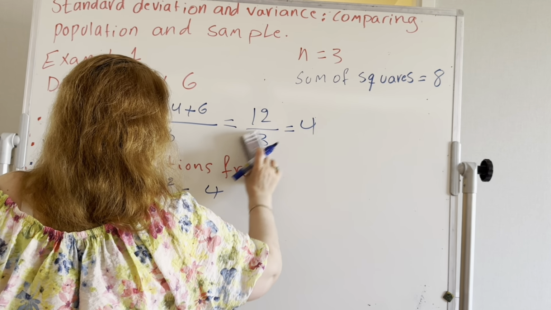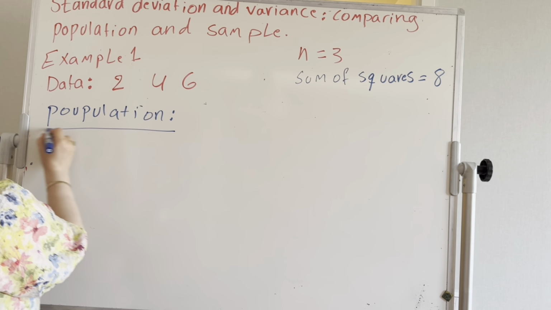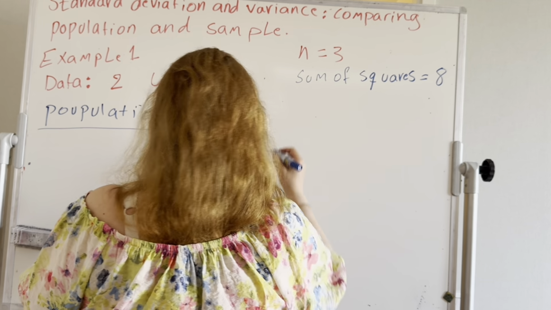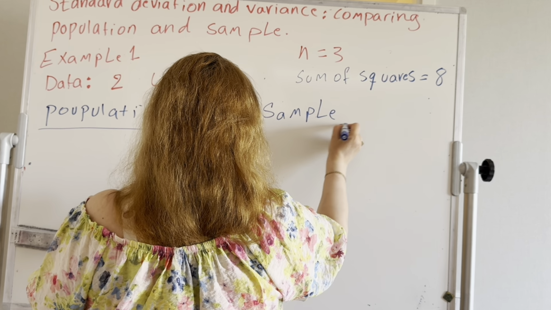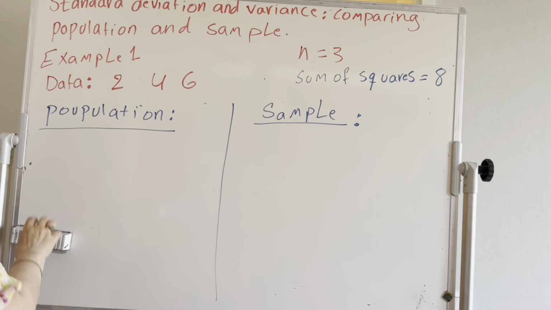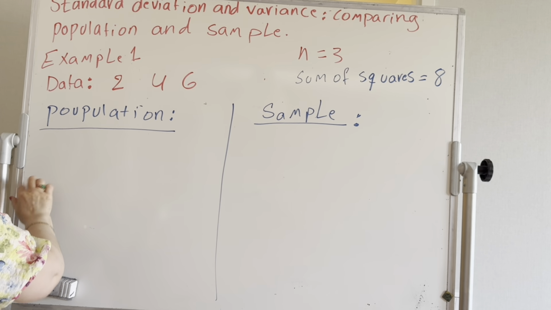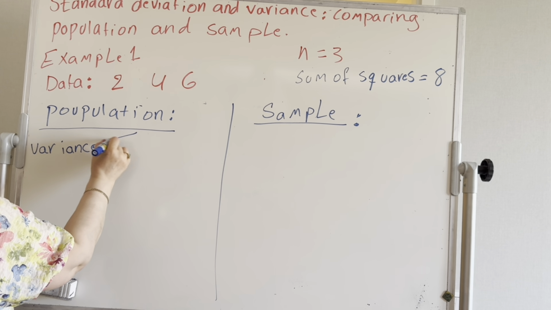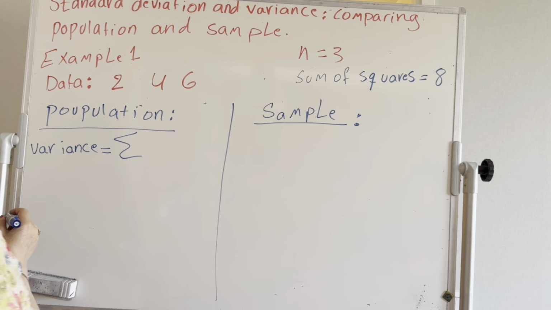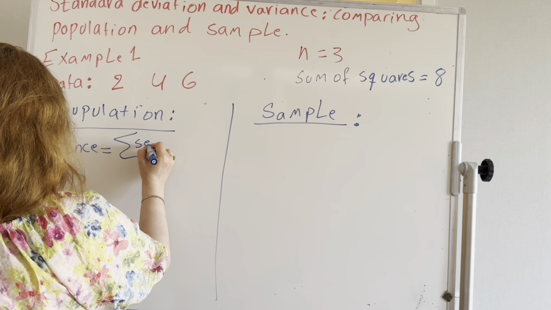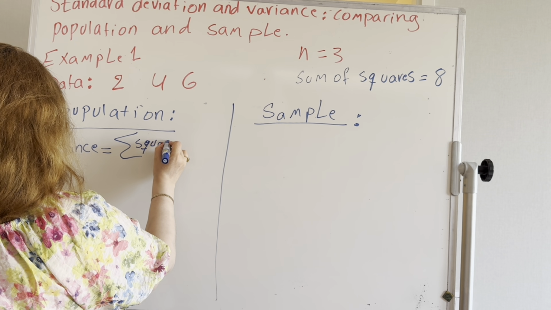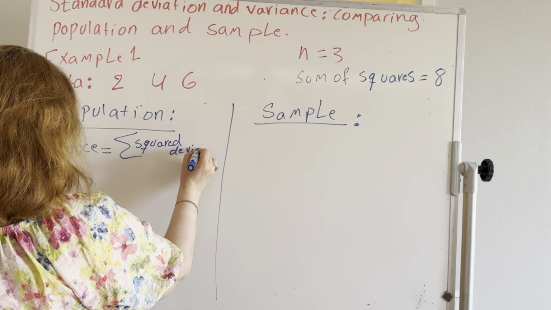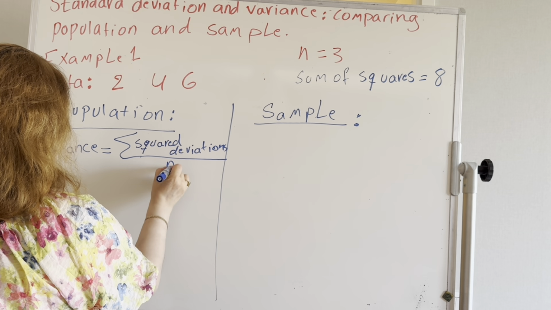Variance. Population first, and then sample. Population variance equals the sum of squared deviations divided by n.